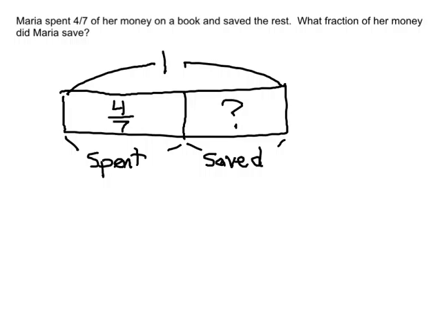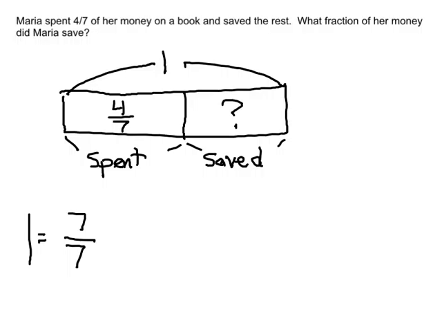So let's review what we have. This is the total amount of money that Maria had. She spent 4/7 of that. She saved, we don't know how much. So what we want to do is recreate a problem showing that. So we're going to subtract, well, we know that 1 equals 7/7.